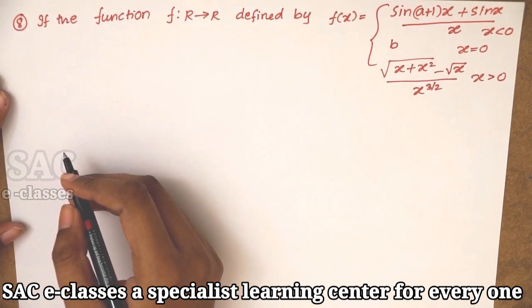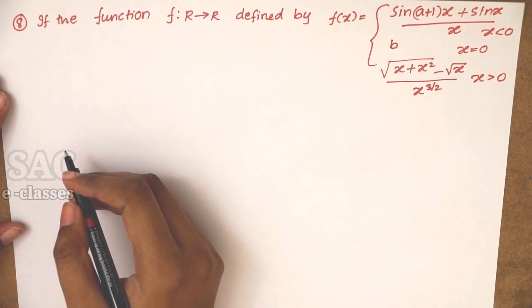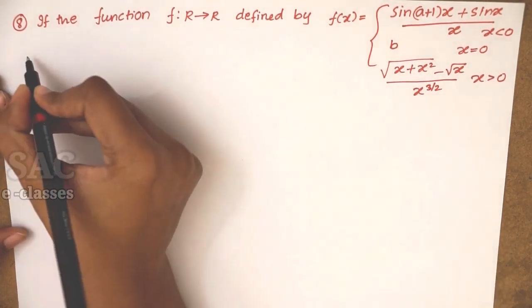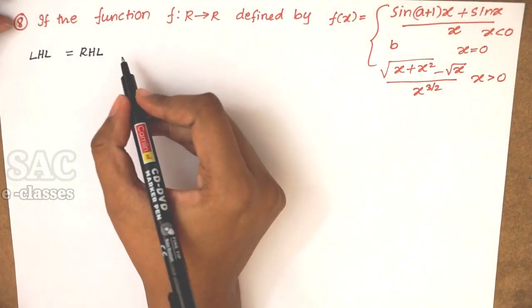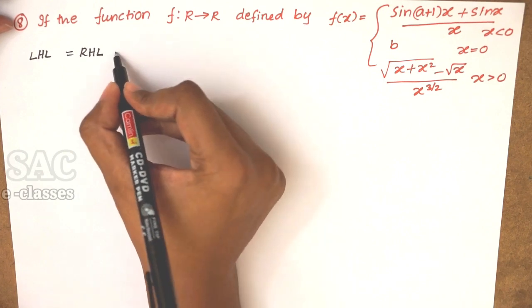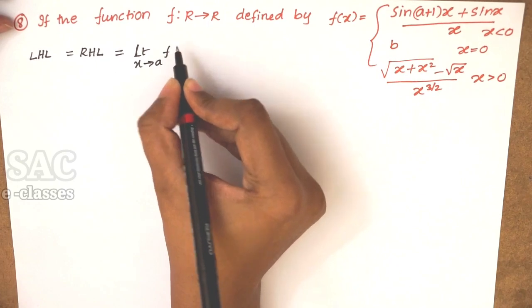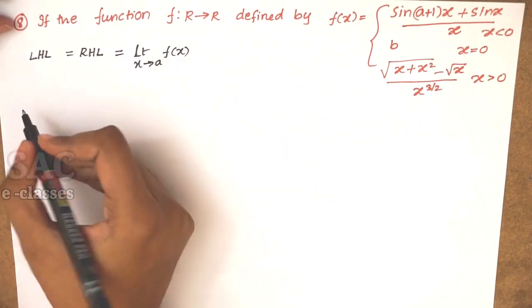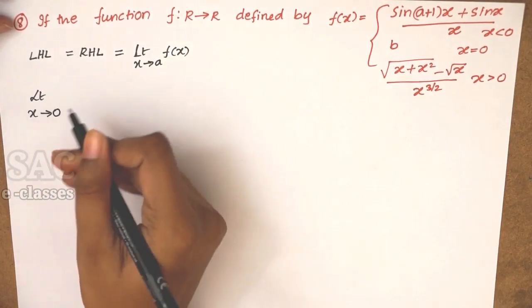If the function f maps from R to R defined by f of x is sin of (a plus 1) into x plus sin x by x when x is less than 0. By seeing this problem, we can apply that it is anyhow continuous. Use LHL equal to RHL, which is equal to limit x tends to a of f of x. So limit x tends to 0.